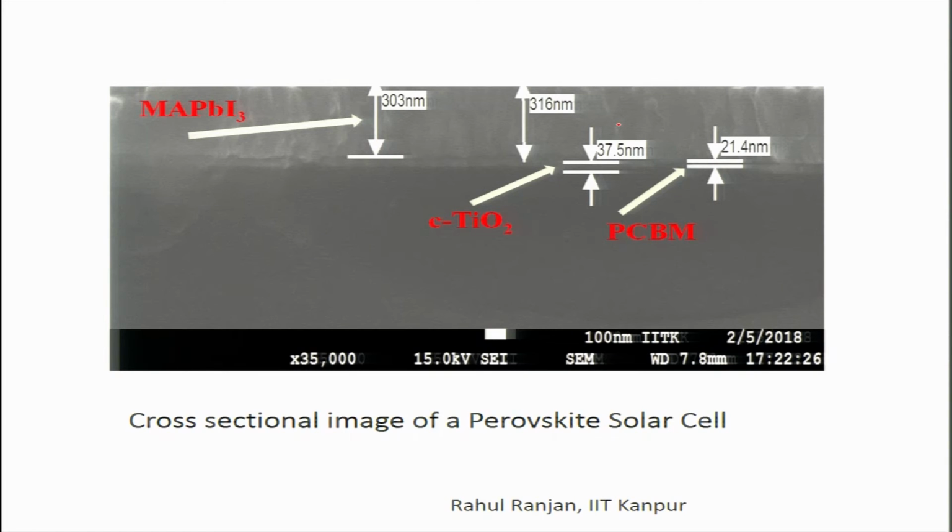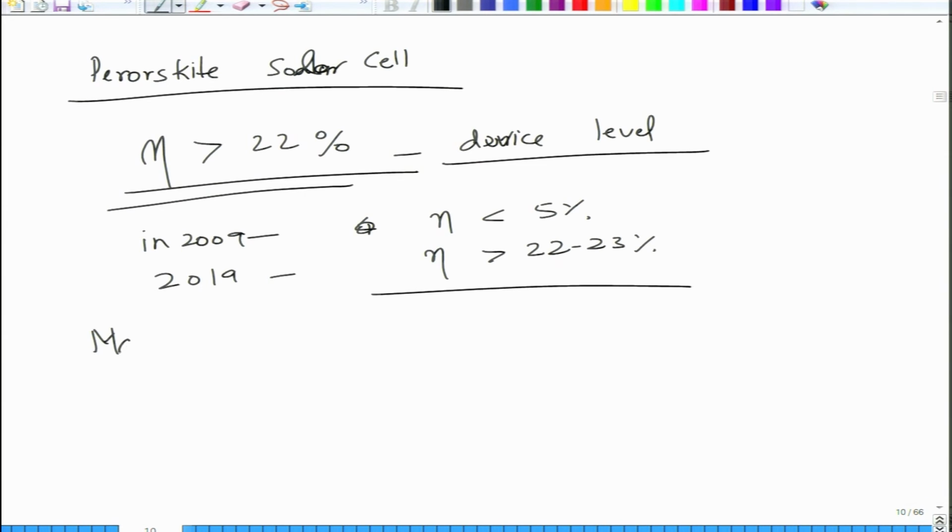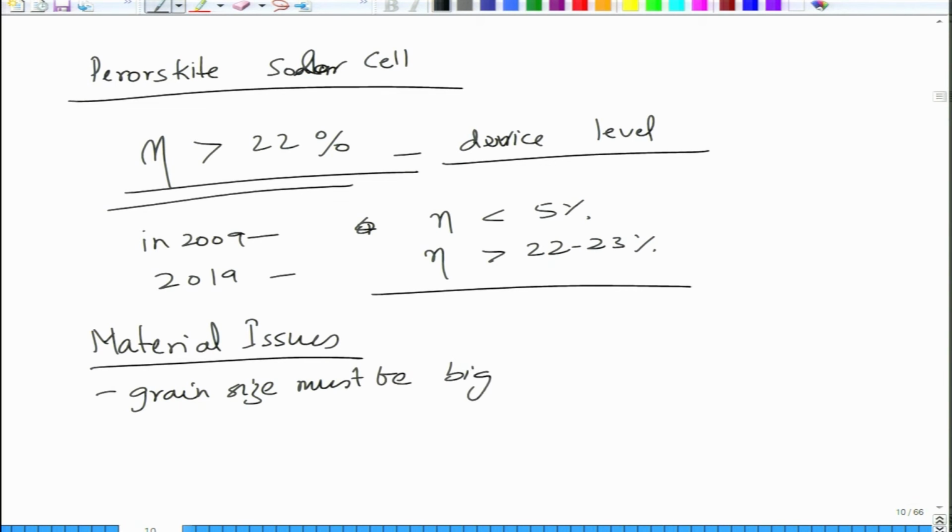What you require from the materials perspective, so material issues, let us say: the grain size must be big. Generally big grain size is preferred, so that grain boundaries are reduced and you have less recombination in the devices. Another issue is the use of TiO2, which requires sintering at 450-500 degree centigrade, which is too high. So, that is not a good thing.